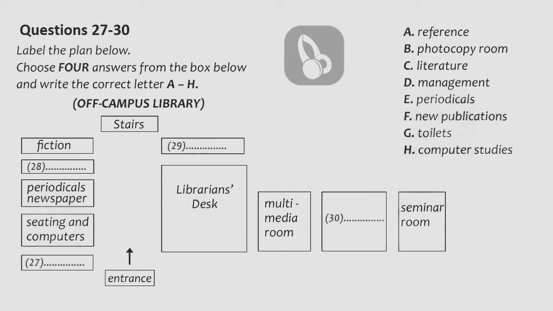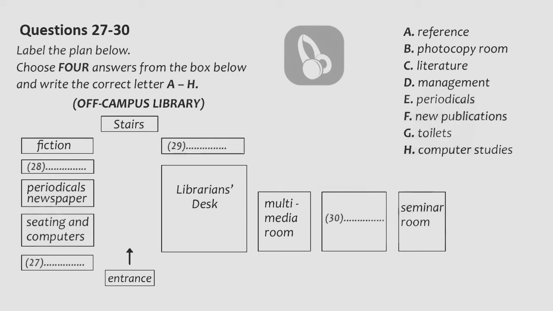Then there's lots of seating and the computers. Behind that, we've got the periodicals, newspapers and magazines. And that's before the reference section, you know, with the books you can't take out. Dictionaries and encyclopedias? That sort of stuff. Now, I do know where the management section is.